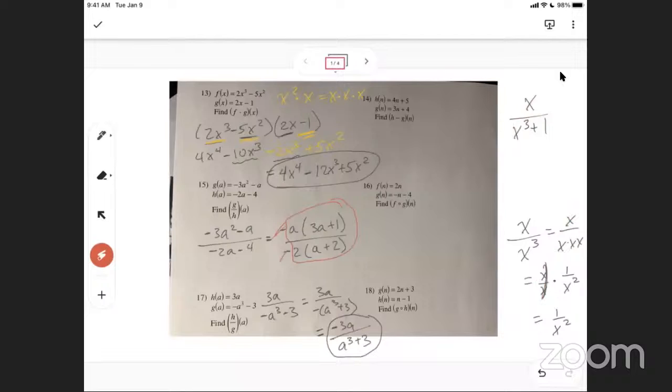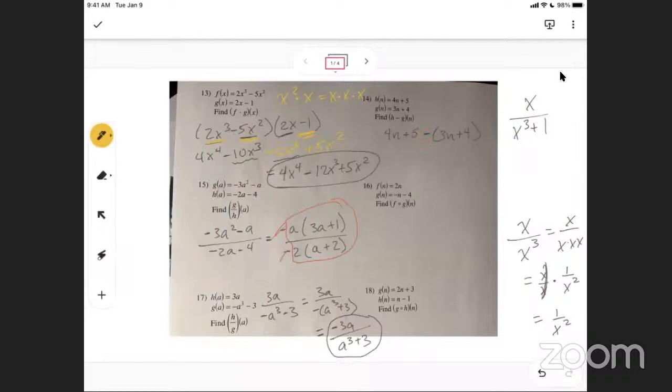Okay, so number 14, it says find h minus g of n. For this, you just have to be really careful. When you're writing them out, put parentheses around the one that you're subtracting. So minus, I'm subtracting g of n, which is 3n plus 4. Now what do I have to do with that negative? You have to distribute it.